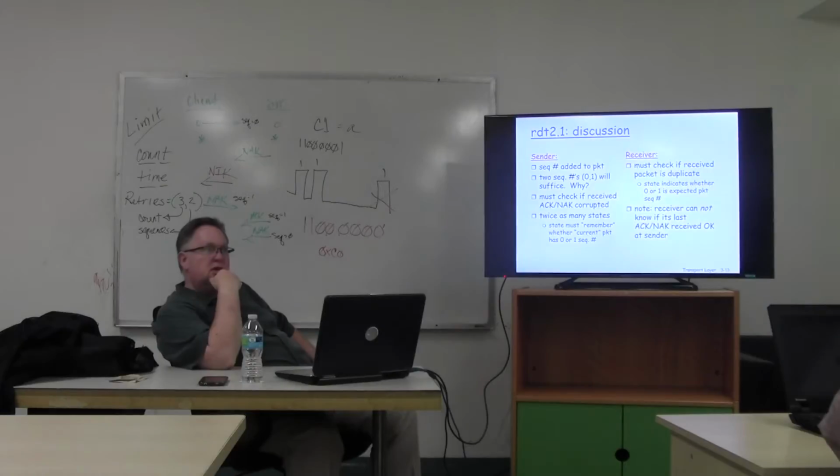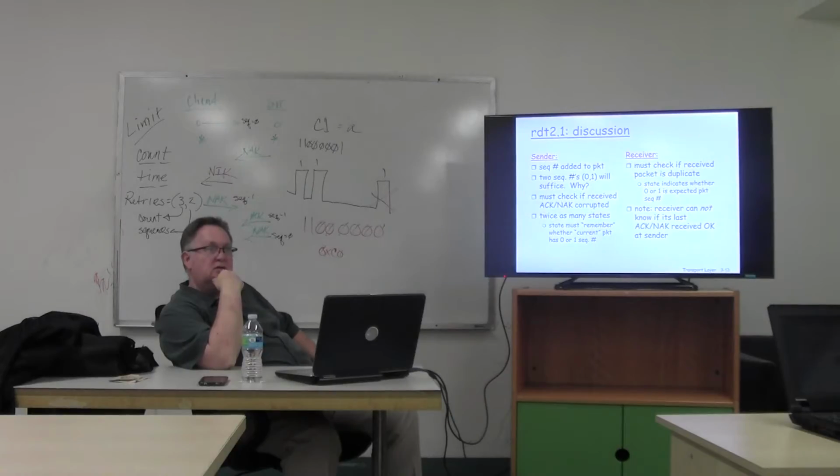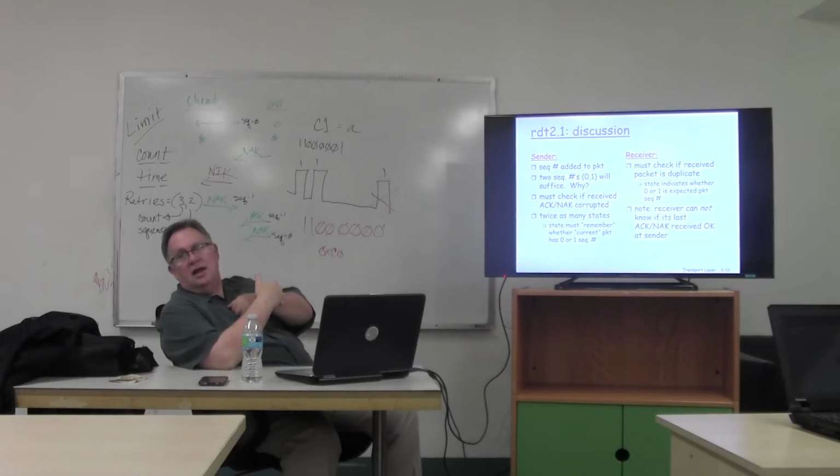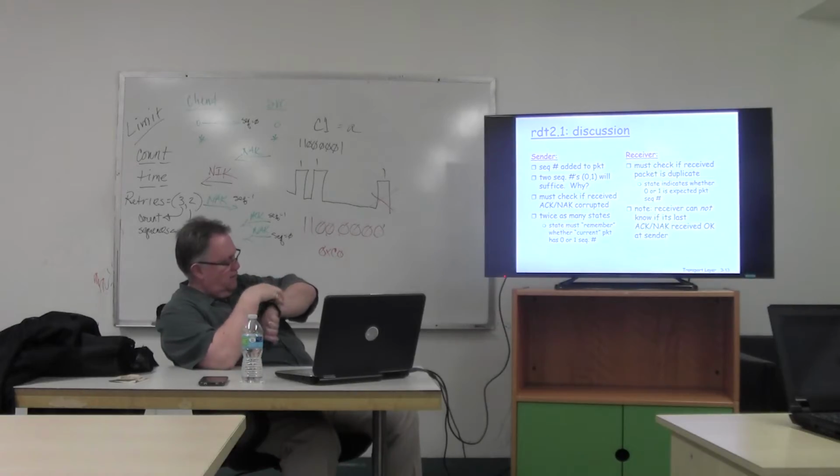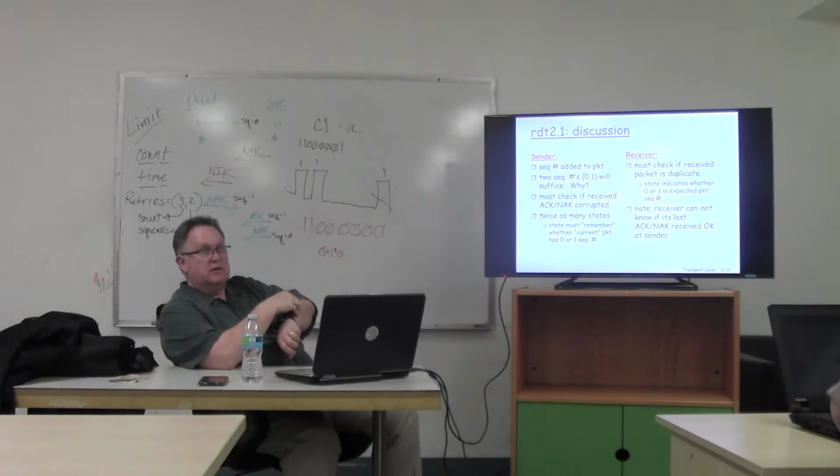It is conceivable, it's theoretically possible that a transient bit error changed an ACK to a NAC. And if the sender receives a NAC, so far in our architecture, its response is what? It resends, right? You resend the packet.